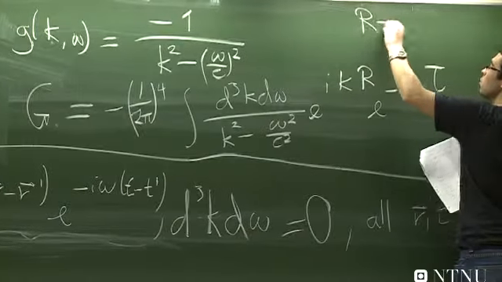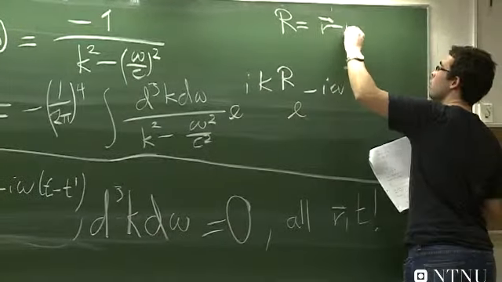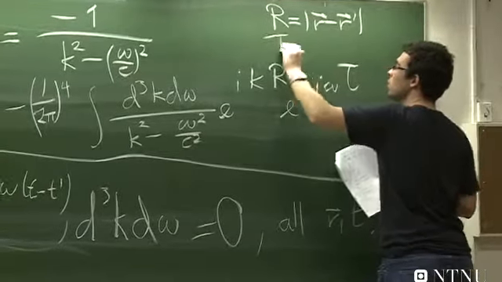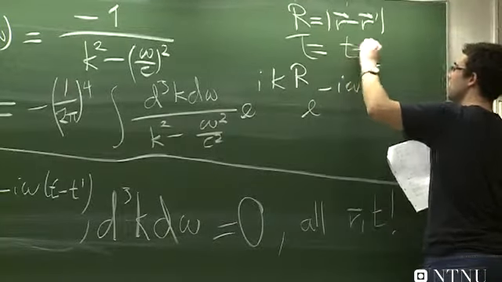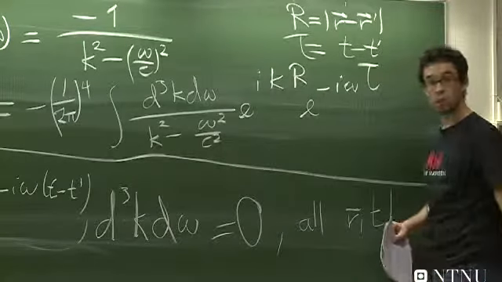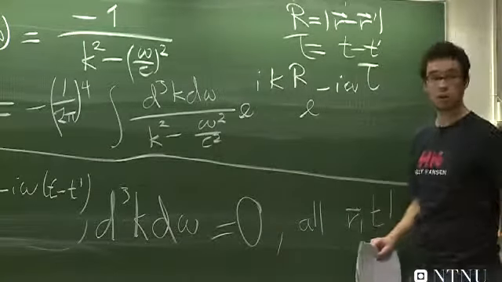R is equal to r minus r prime, and tau is equal to t minus t prime. Okay, so I found the Green's function if I can just solve this integral.